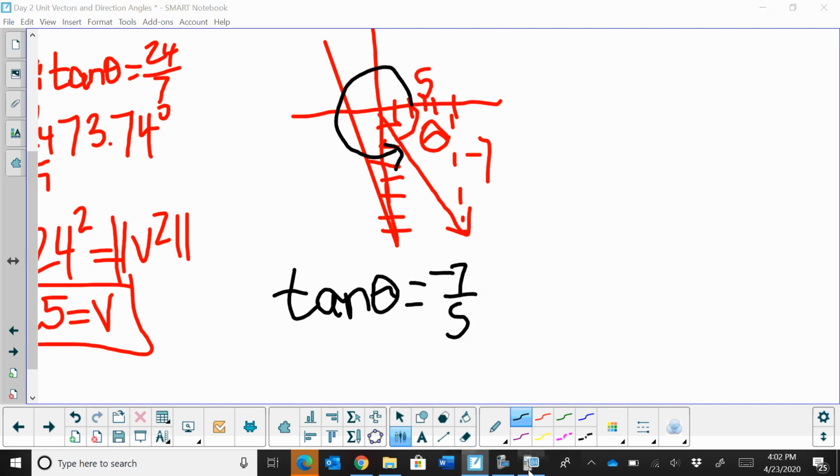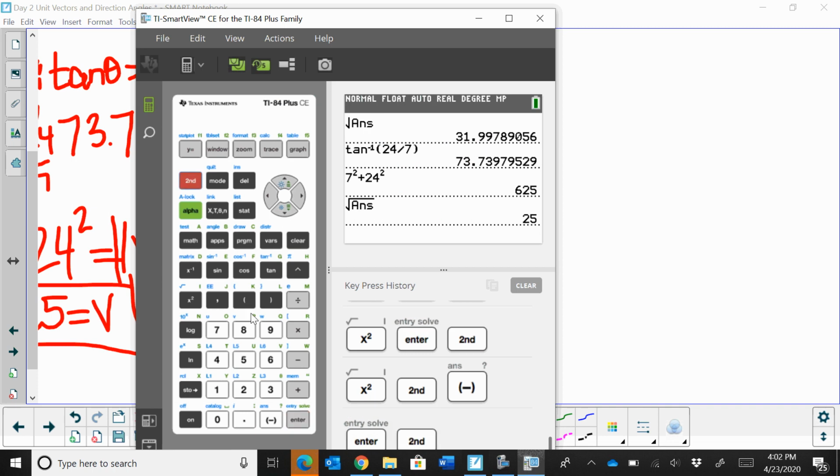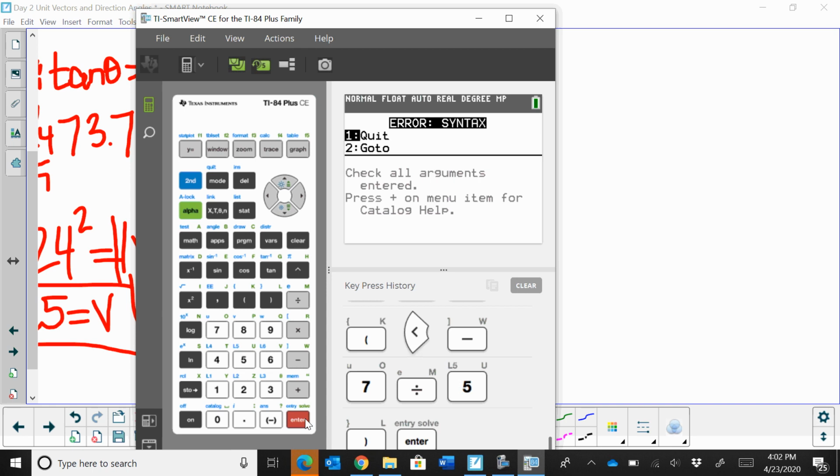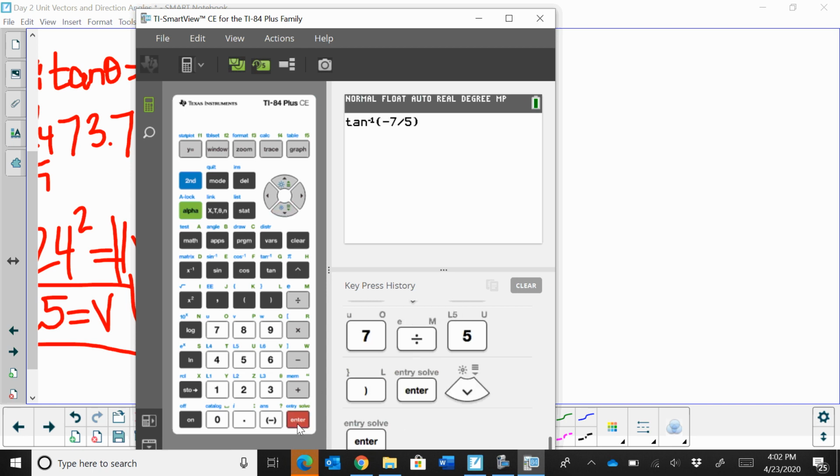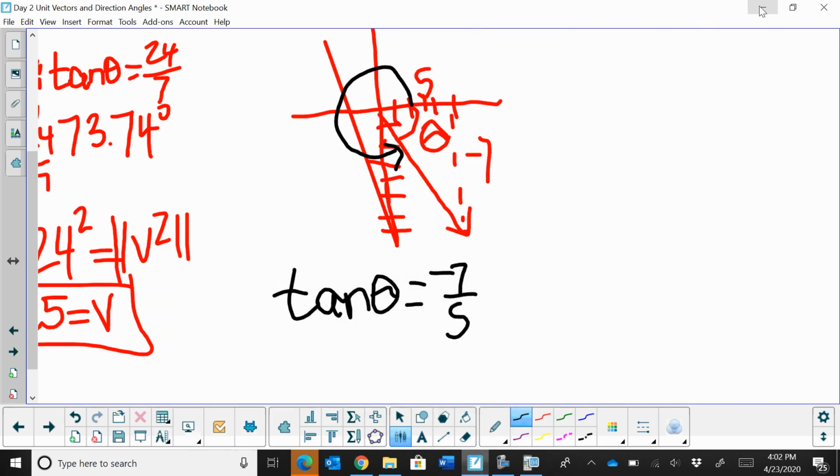So grab your calculator and do the inverse tangent of negative 7/5. I put the wrong negative there. There we go. Negative 54 point, I'm going to round that off to 54.5 is the angle measure.